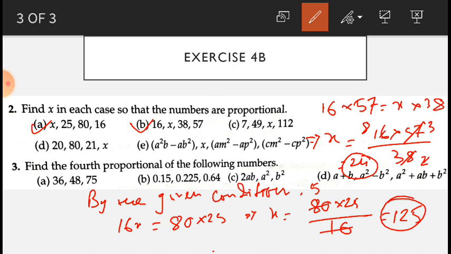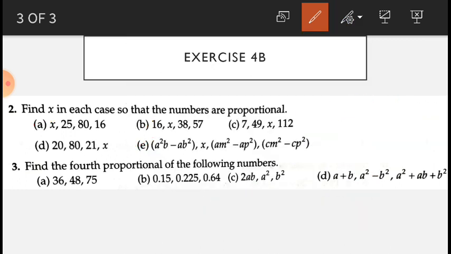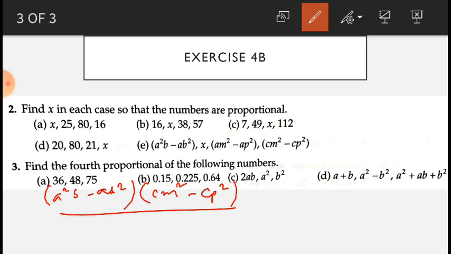Now question number E is quite important, that is how to find these values. This is nothing but a square b minus ab square, into cm square minus cp square, divided by am square minus ap square.